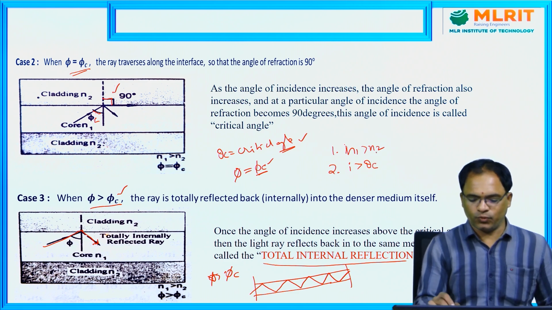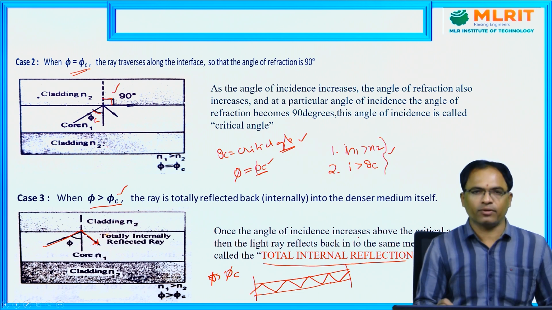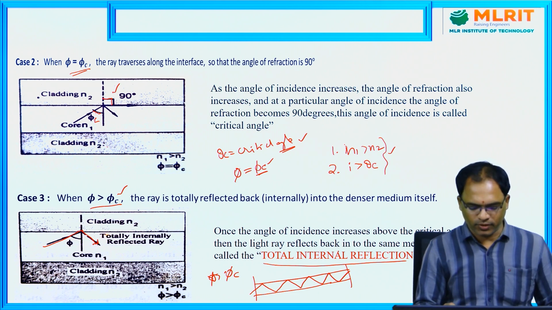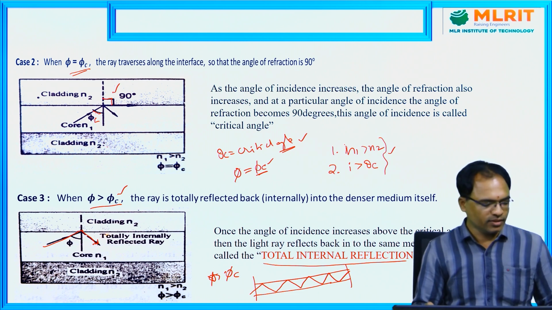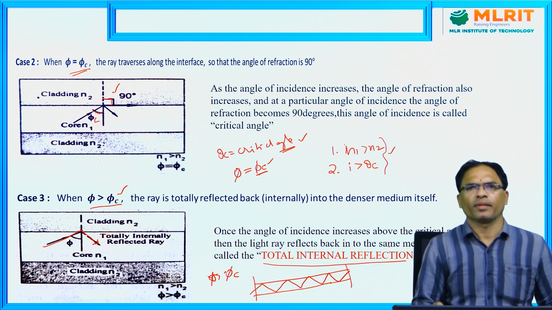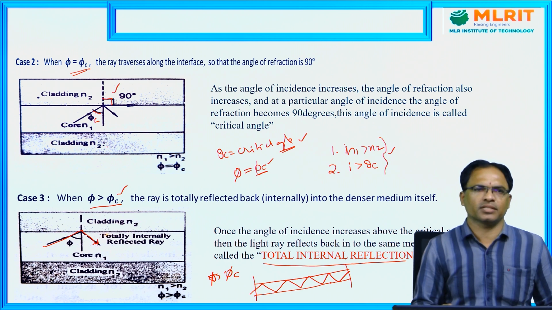If these two conditions are satisfied, the light beam moves from one end to the other end of the optical fiber by total internal reflection. Because of this process, optical fiber efficiently transfers information from one end to the other without much loss in energy. Losses will be there, but they are minimized to a great extent because of this principle, total internal reflection.